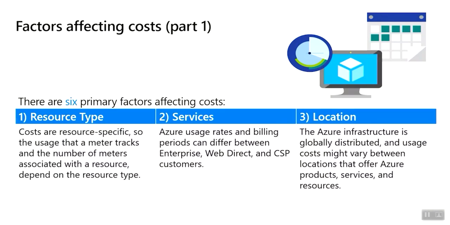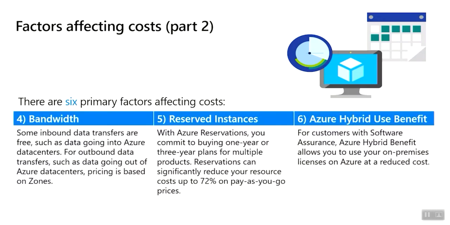So when you can, select a lower cost region. When it comes to bandwidth, you're going to pay for those outbound transfers. So if you are crossing billing zones, there will be a charge. So try to keep all of your regions in the same billing zone. But there are other ways to save money, whether you're choosing reserved instances or taking advantage of the hybrid benefit. Let's go ahead and put that all together in the pricing calculator.